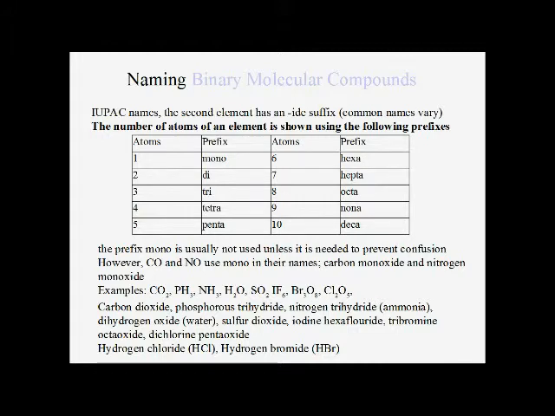So that'd be tribromine octaoxide. Cl2O5. Again, we start off with the prefix, dichlorine pentaoxide. HCl will be hydrogen chloride. HBr, hydrogen bromide. HI, hydrogen iodide.